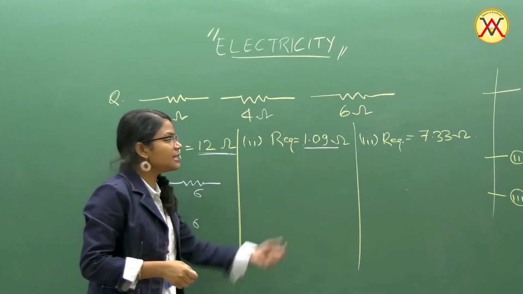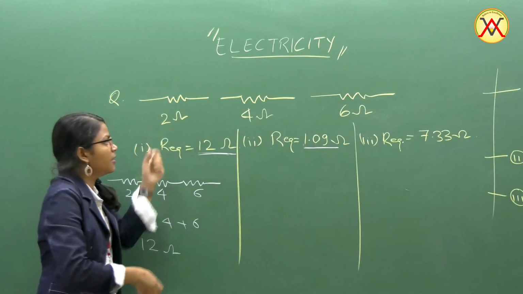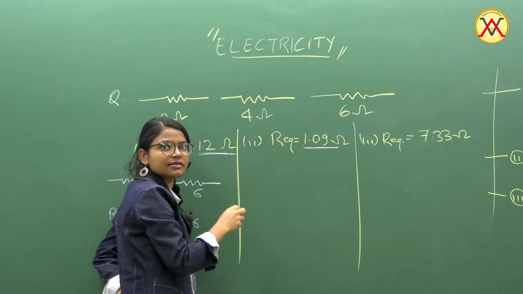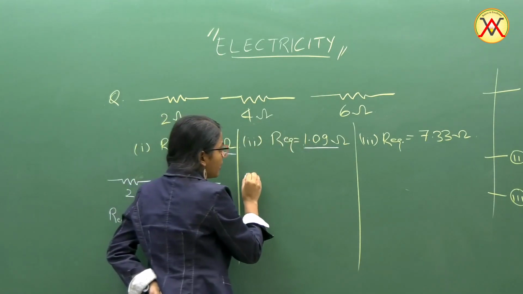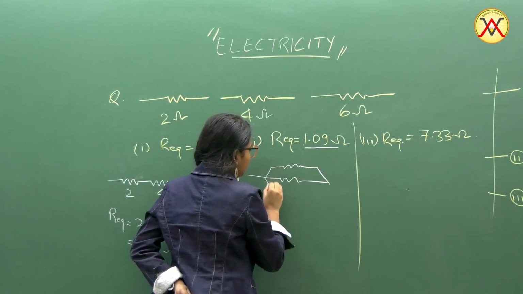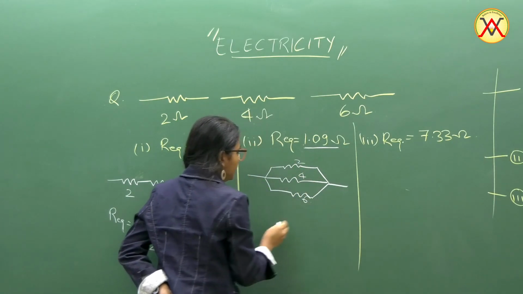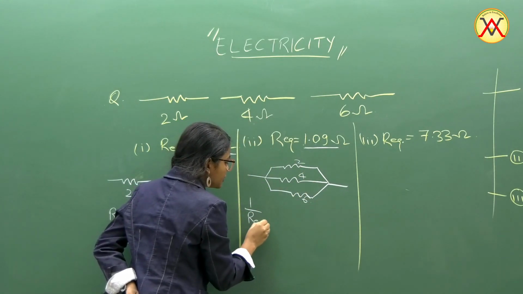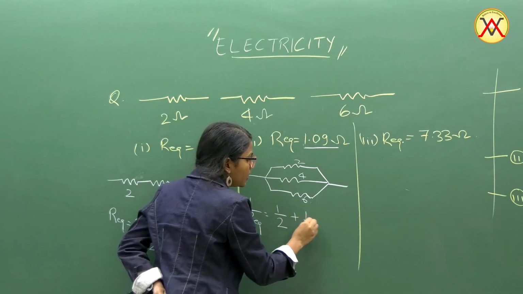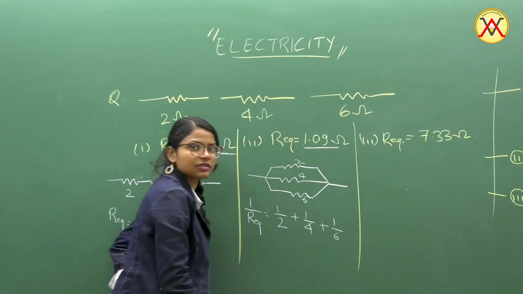1.09. Is this value lesser than the least resistance, 2? Yes. If this is so, then it is for sure that these three resistances are in parallel. Let us draw the combination. For parallel combination, we know our formula. 1 by R equivalent is equal to 1 by R1 plus 1 by R2 plus 1 by R3.